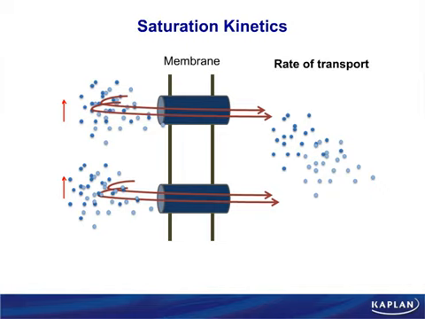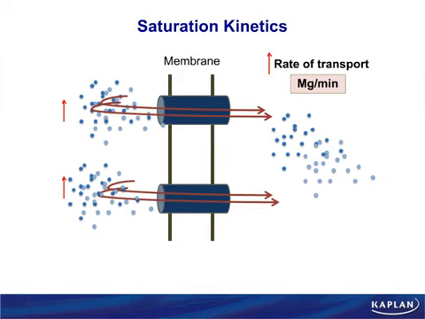When these protein carriers transport a molecule across the membrane, they do so at a rate. Rate is in milligrams per minute. So, as the concentration of the molecule on one side of the membrane increases, the rate of transport across the membrane will increase.